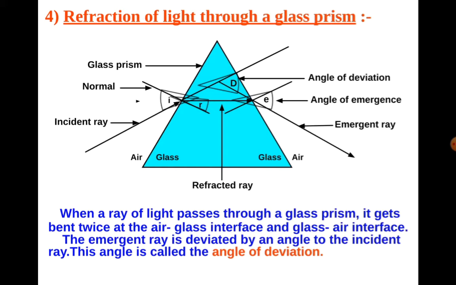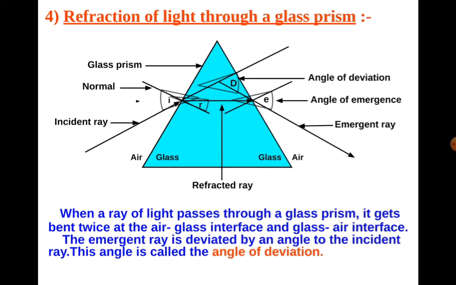Refraction of light through a glass prism. First of all, we should know what a glass prism is. In the last chapters we learned that when light passes through a rectangular glass slab, it gets refracted, and the emergent ray comes out parallel to the incident ray.